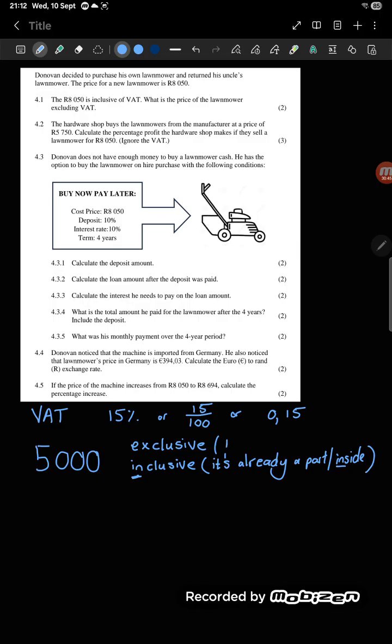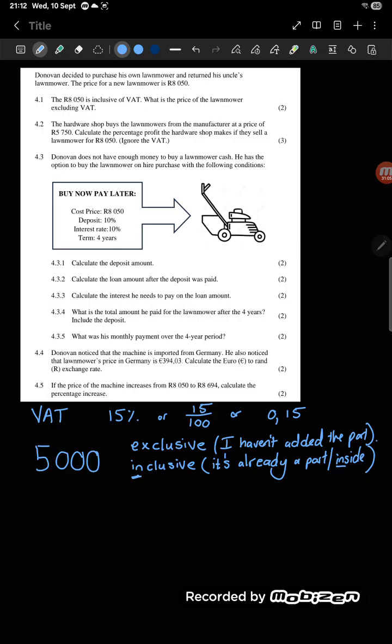Exclusive means I haven't yet added it. It's still outside. Exclusive, outside. Haven't added that part yet. And the part of my whole is 15%.